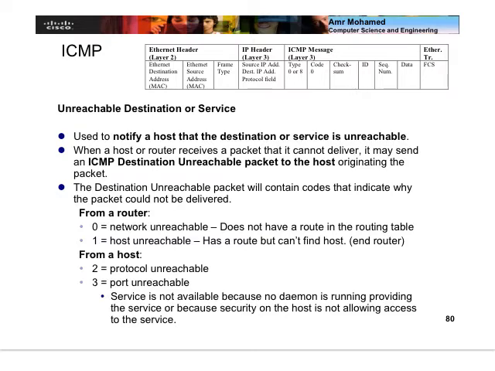For example, if I send a ping message to google.com, sometimes the server prohibits the ping because some people might use the ping as a source of attack on the server.